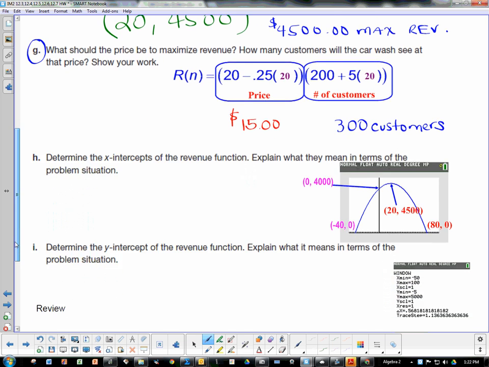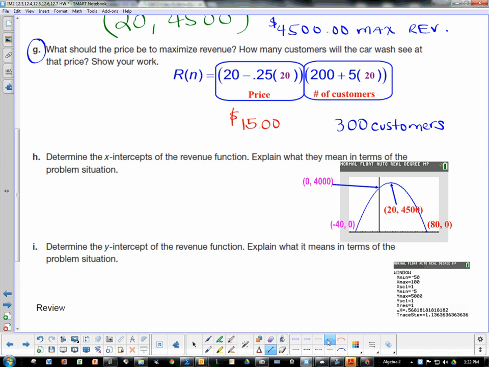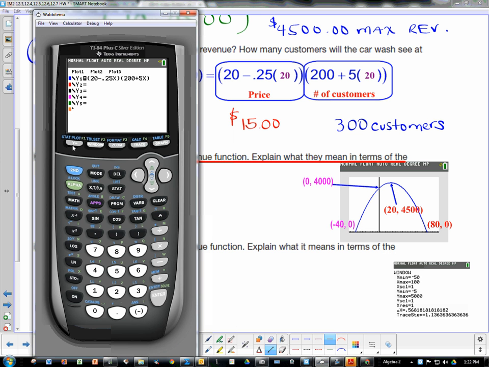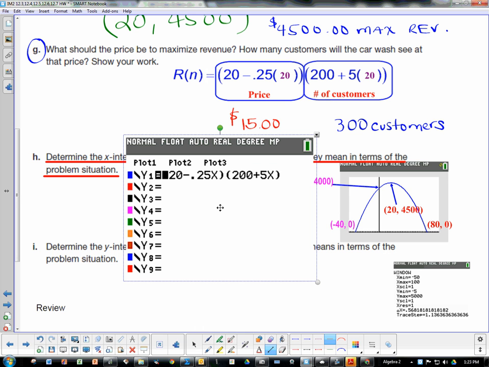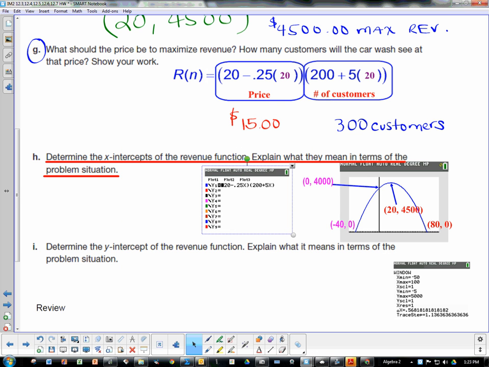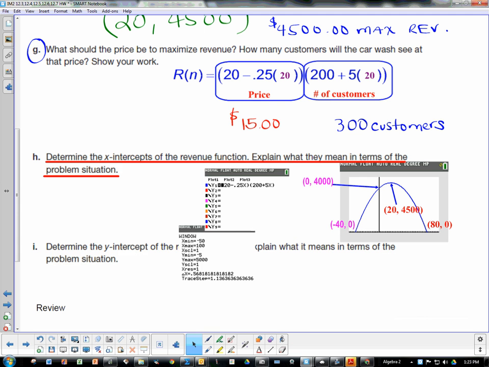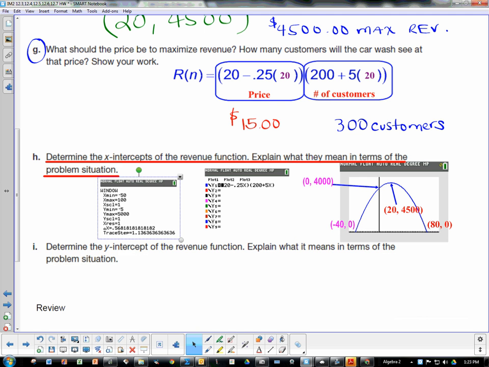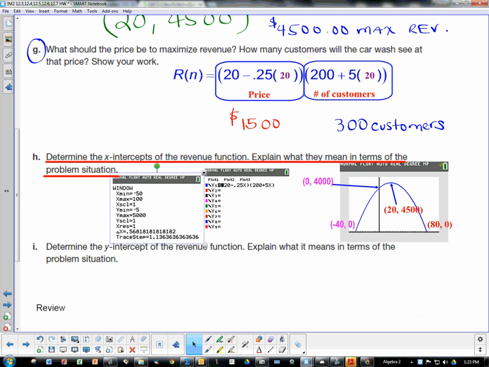It says here on this next line, determine the x-intercepts of the revenue function. Explain what they mean in terms of the problem situation. So keep in mind, this is what I just graphed. If I open up the calculator, put it into y equals, this is what I graphed. You can see I have multiple windows open here, so that you can follow along on your own calculator.